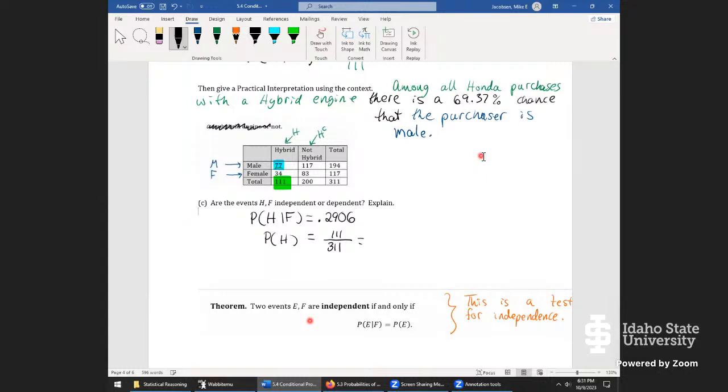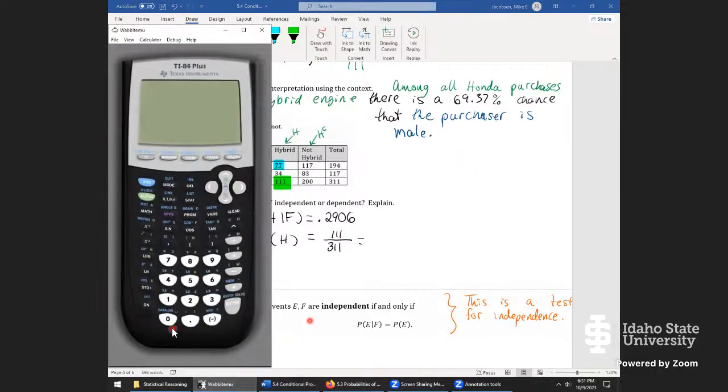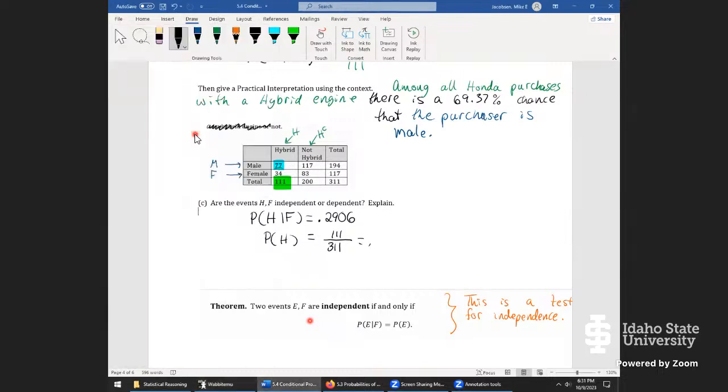So now we have two probability statements. I don't know what 111 over 311 comes out as. It's another weird number, so let's find that one out. So 111 over 311 comes out as 0.3569.